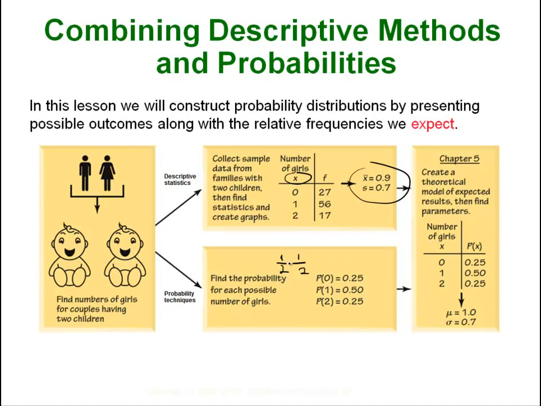That would be if they had to both be girls, and there's your 1/4 or 0.25, and then you get the same thing if they were both boys, and then the rest over here would be the 1/2. Well, we put that all together, and so again, X is our number of possible girls, and then we list the frequencies of each, and then we can calculate a mean and standard deviation based on those frequencies.